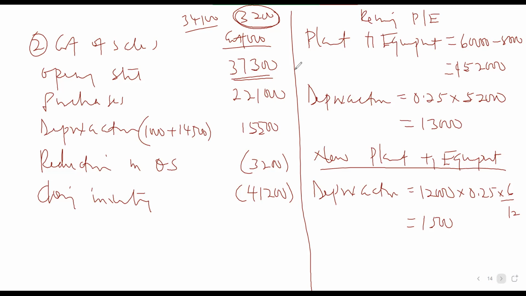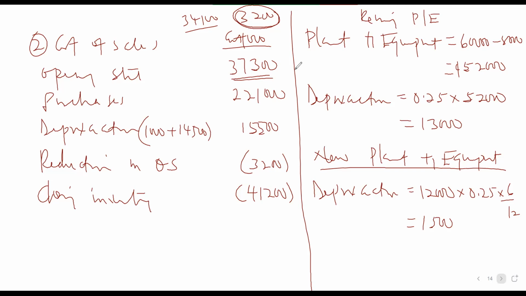Are you sure? May, June, July, August, September, October, November. 7 months. If you're not sure, you can count on your hands. Nobody's going to punish you. So the interest for 7 months should be added to the cost of what?